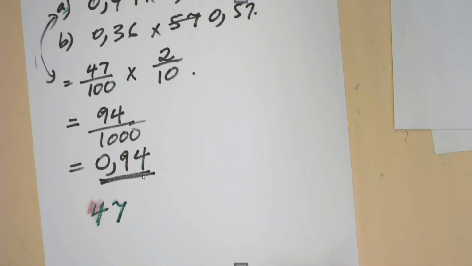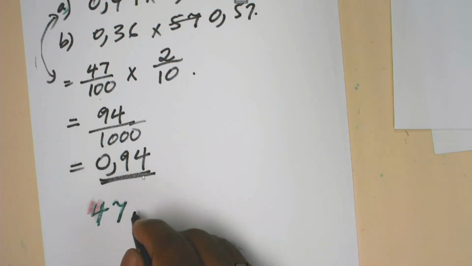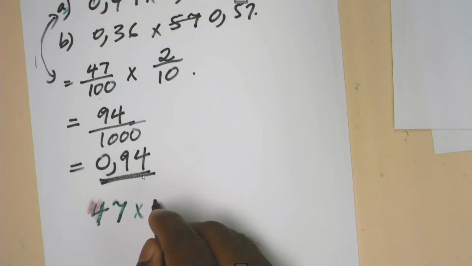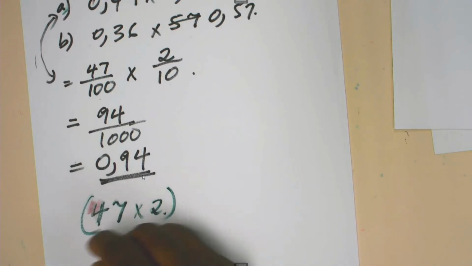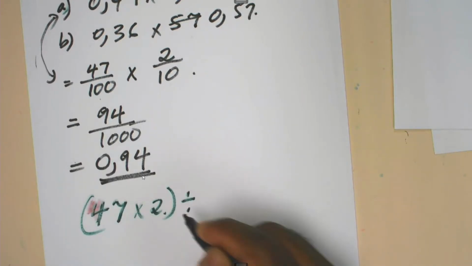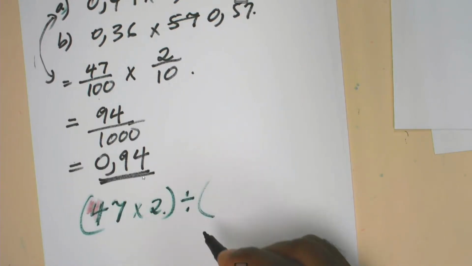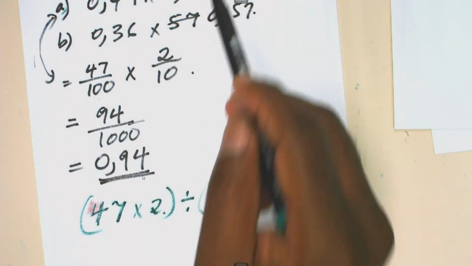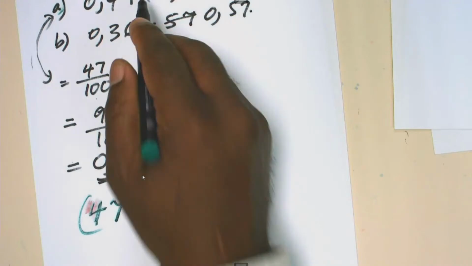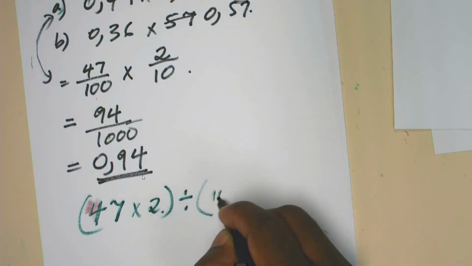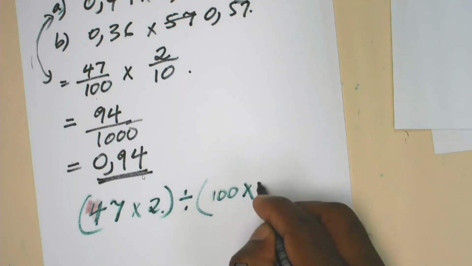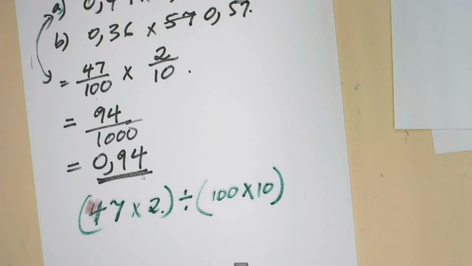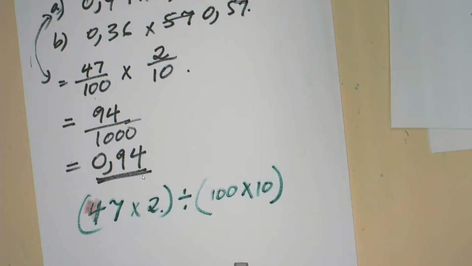We said just multiply them by 2, and then you must divide. Remember, we are dividing by the hundredths and now tenths that are multiplied. So it's going to be hundredths multiplied by 10. Remember the way we did it here?